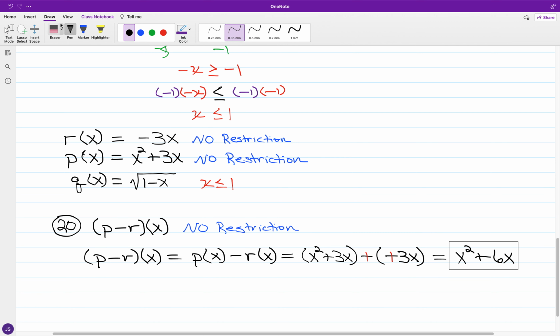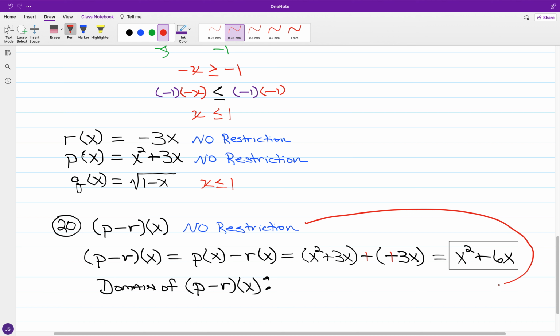And in the case of the domain, the domain of p minus r of x, because there was no restriction for p of x or r of x, and thus no restriction for the difference function, it's going to turn out that the domain is the set of all real numbers.